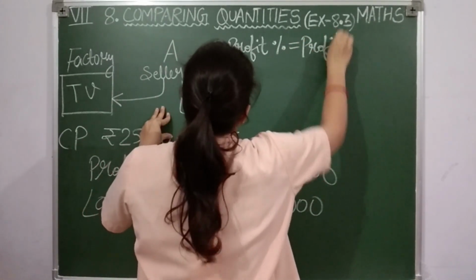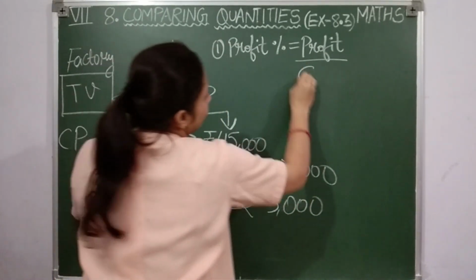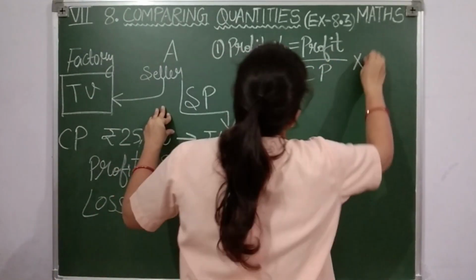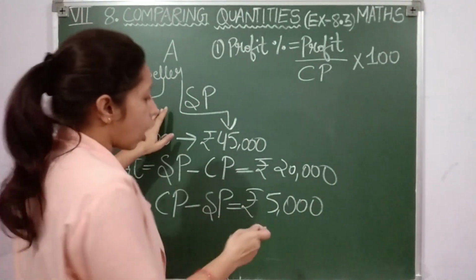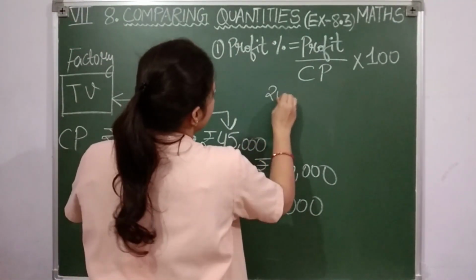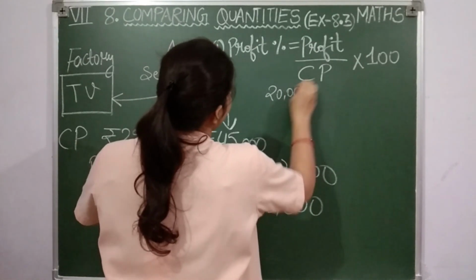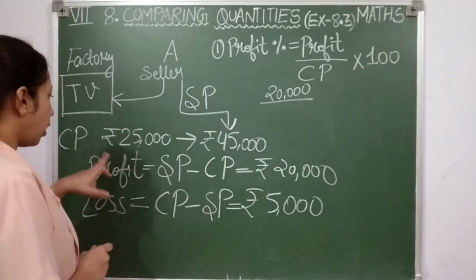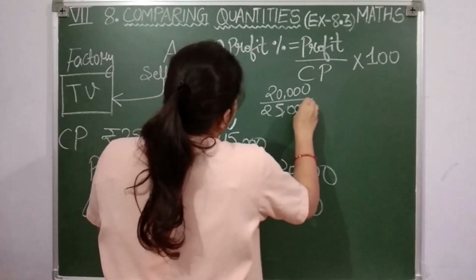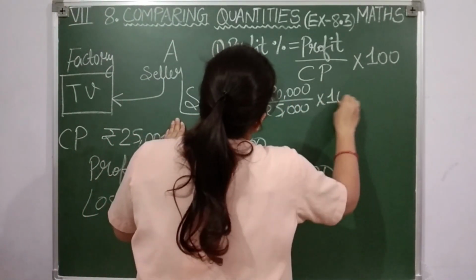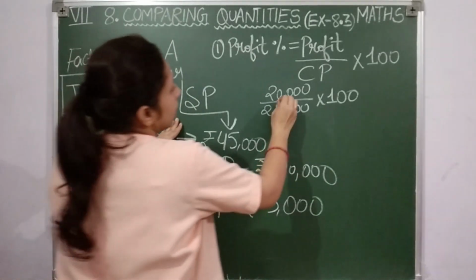Profit amount upon cost price into 100%. Okay students? Clear? This is the formula. Now how much is the profit amount? 20,000 right here. Cost price at which the TV was bought was 25,000. Okay. Into 100.